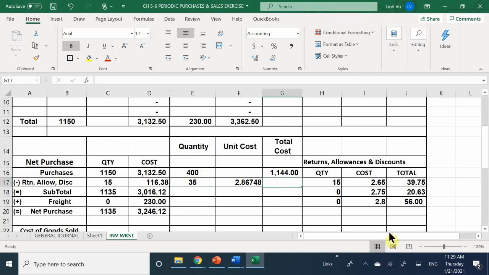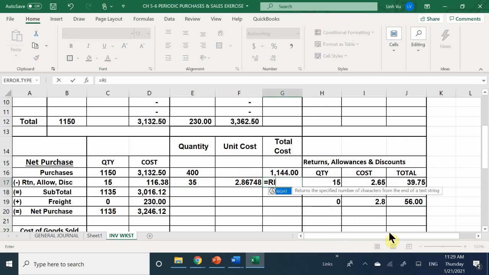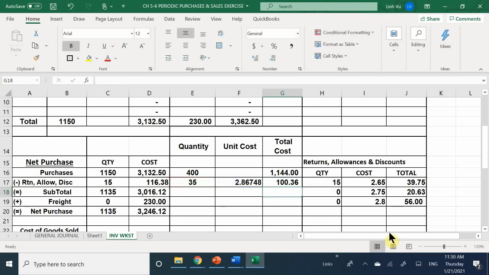So again, this is where you calculate how much it's going to cost to sell 35 items at $2.8674. What's my total cost of selling these 35 items? $100.36.